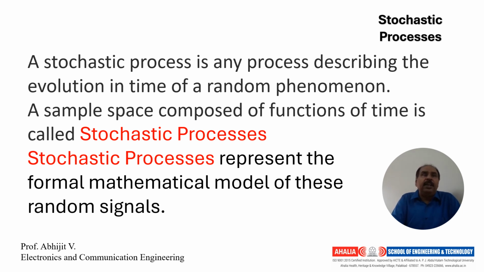The variable is time. As there is a change in time, you have the other parameters changing accordingly. A sample space composed of functions of time is called a stochastic process. Stochastic processes represent the formal mathematical model for our random signals.